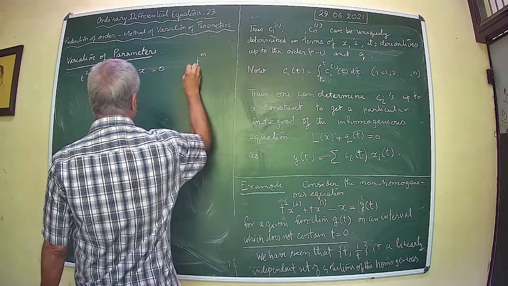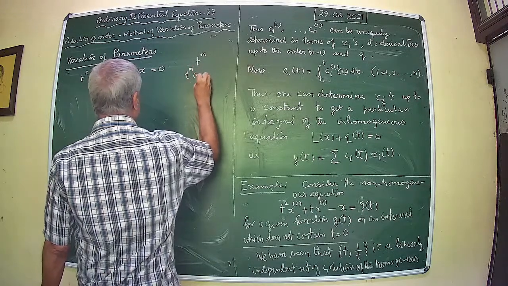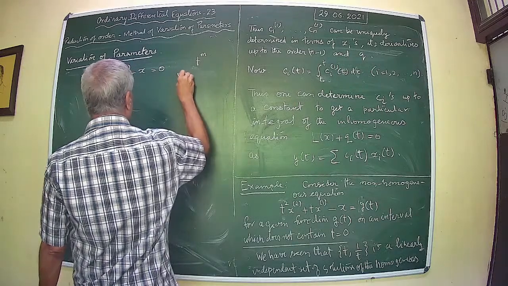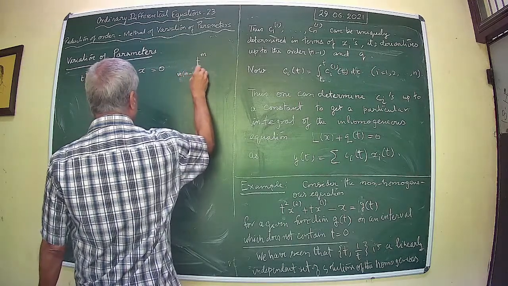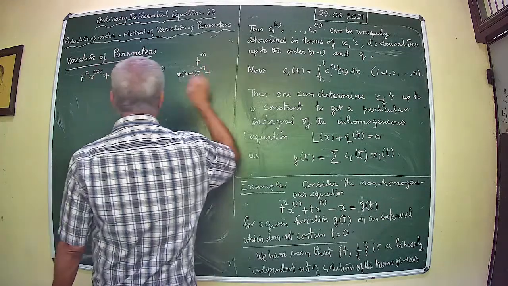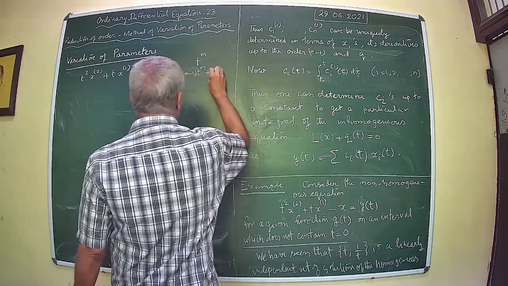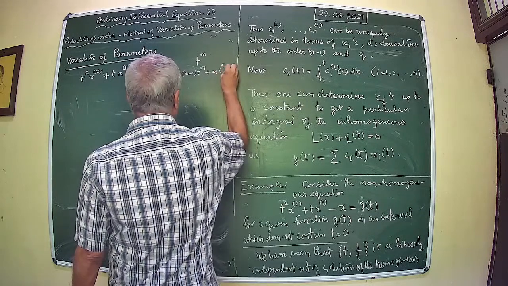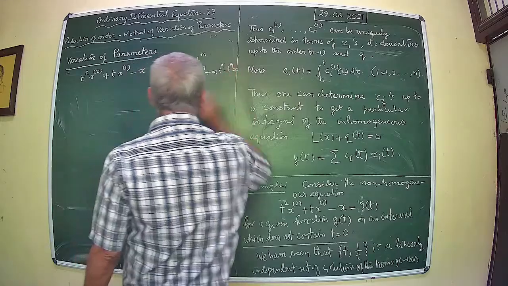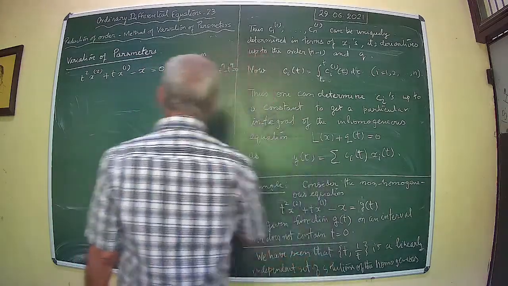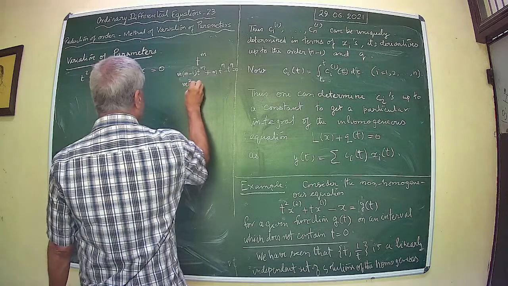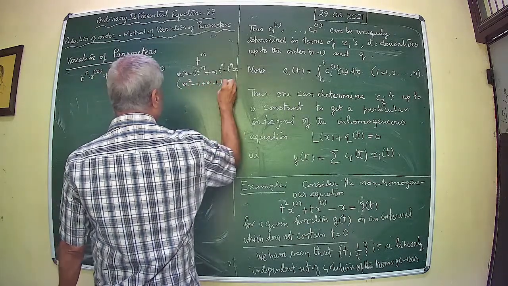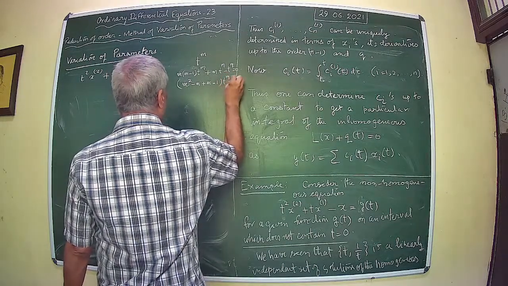t to the power m, therefore you get m square equal to 1.